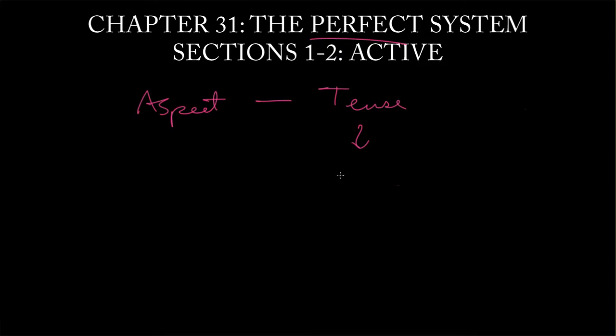But let's go to the essence of these things. A tense has to deal with time. That's really its primary function. So we can have past, present, or future. That's an easy way to divide time.